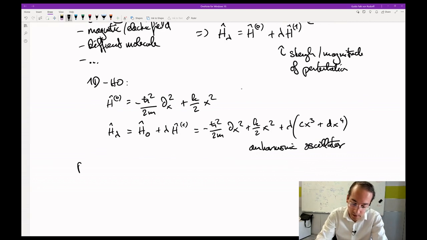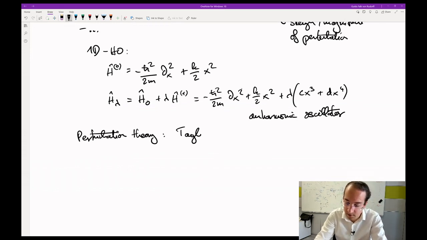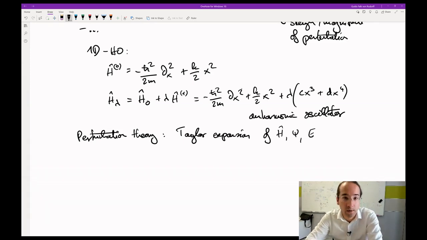So perturbation theory effectively is just one simple idea, namely do a Taylor expansion of the Hamiltonian, of the wave function, and then correspondingly also the energies. Now, there is no strict need for this perturbation to be small.